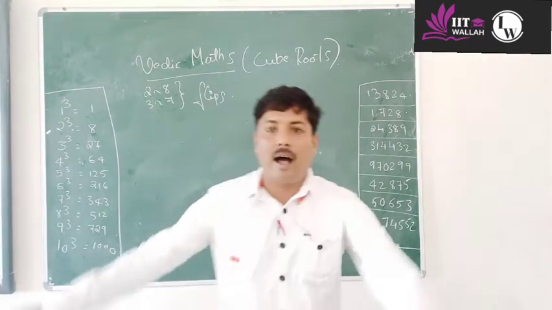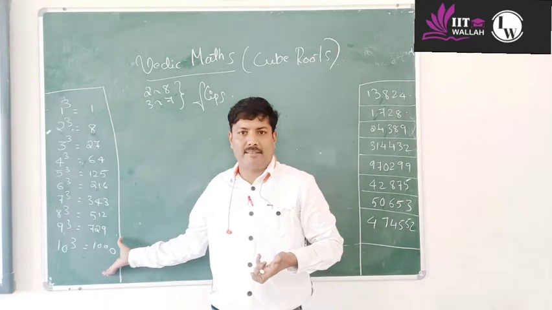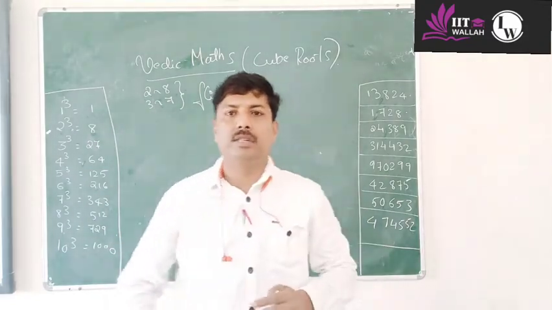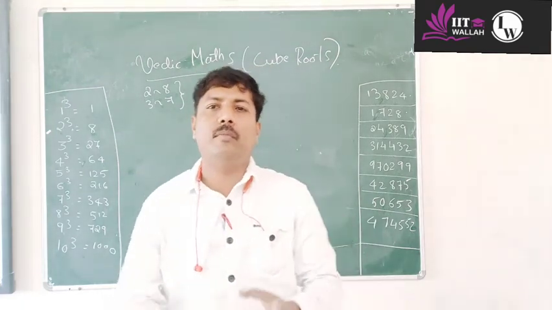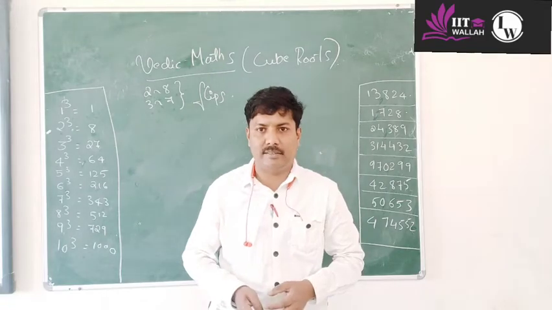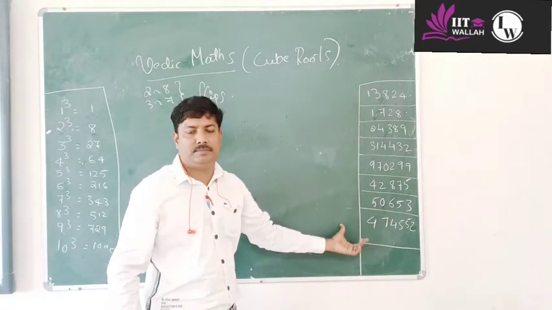I hope all of you understood this. You can easily memorize this. Cubes 1 to 10 should be there in your mind. Then we can find the cube root of any big number up to 8 digits very easily within 2 or 3 seconds. To do that, I have already written here some perfect cubes.